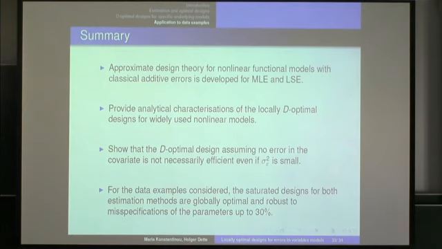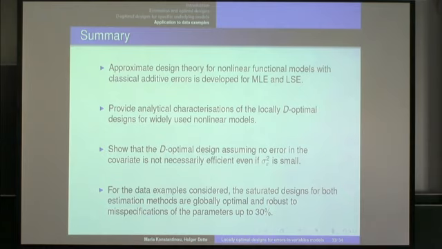So we have developed an approximate design theory for nonlinear functional models with classical additive errors, both for maximum likelihood and least squares estimation, and found analytical characterizations of the optimal designs for specific nonlinear models.